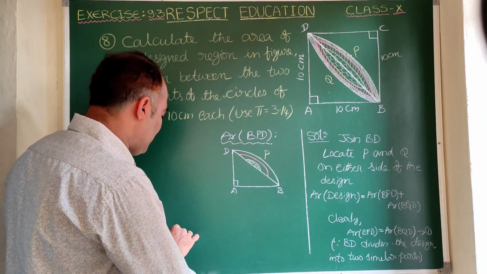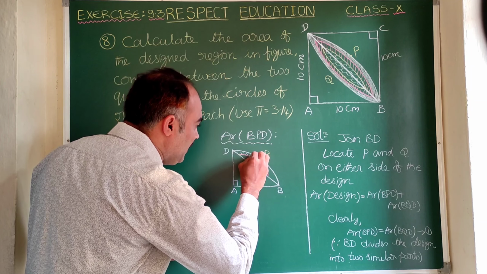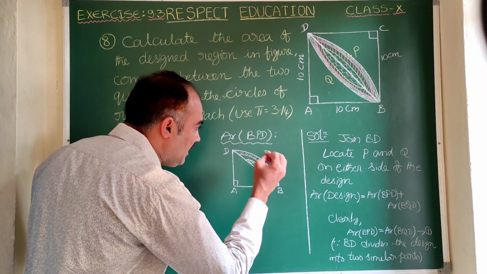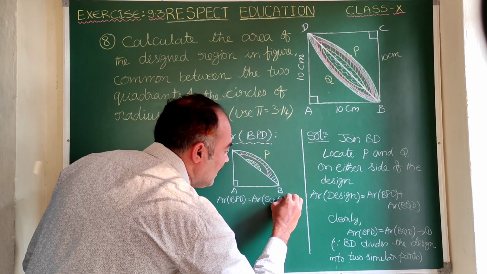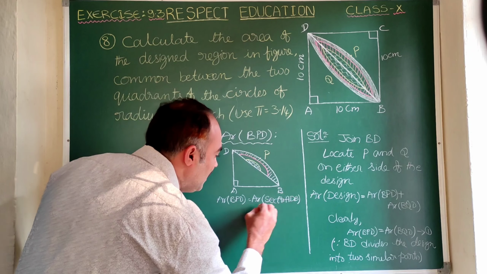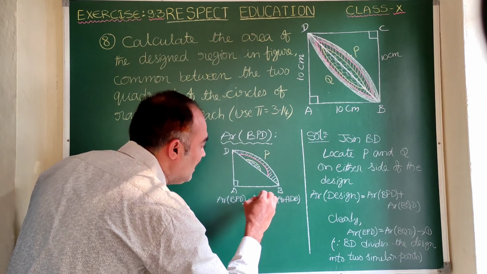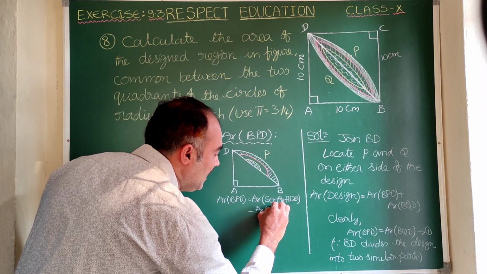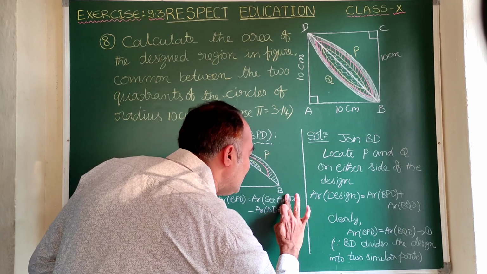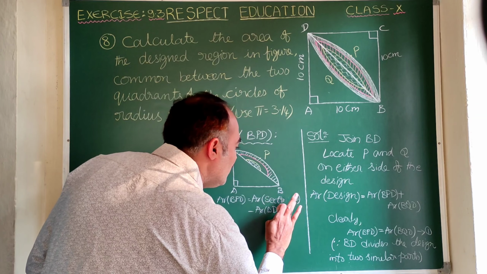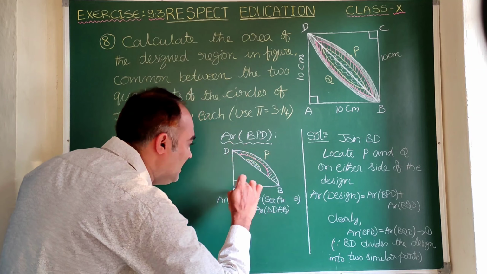So in order to get the design BPD, the area of BPD is equal to the area of sector ADB, area of sector ABD or ADB, both are the same, minus the area of triangle BAD or DAB. To not get confused, let us write both as DAB only. So the area of the sector DAB and the area of the triangle DAB.